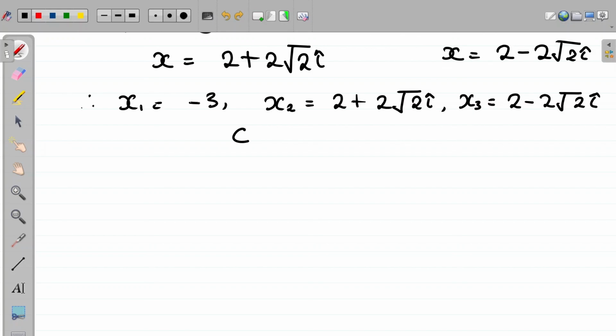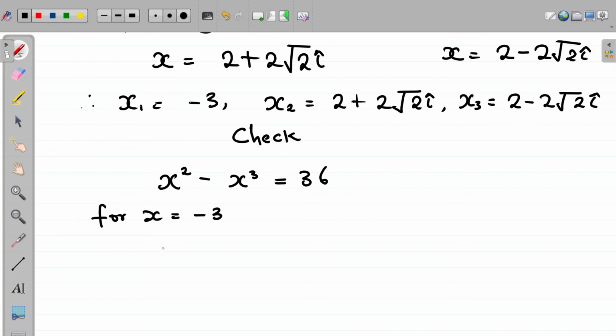Now, let's check if our equation is correct. So we have that x squared minus x cubed is equal to 36. For x equal to minus 3, we have that minus 3 all squared minus minus 3 all cubed is equal to 36.